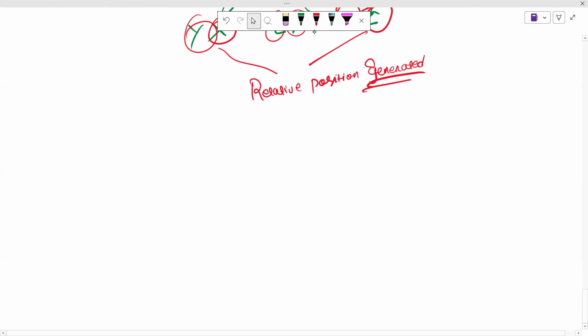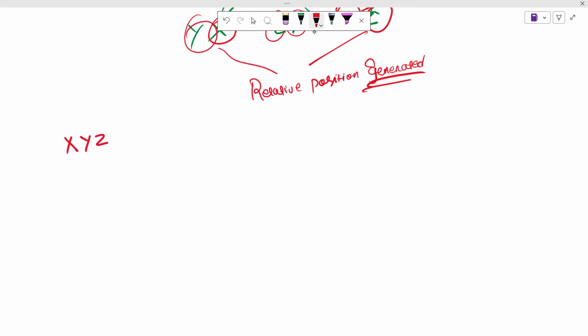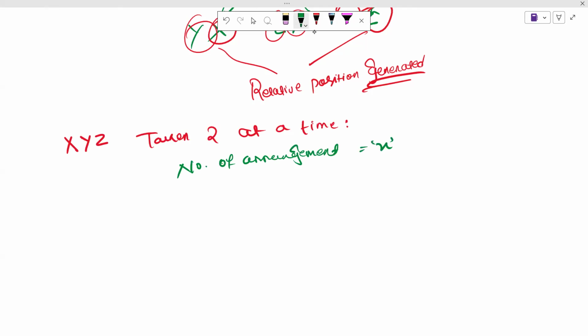Take an example: if X, Y, Z are there, and they are taken 2 at a time, what will the number of arrangements be?